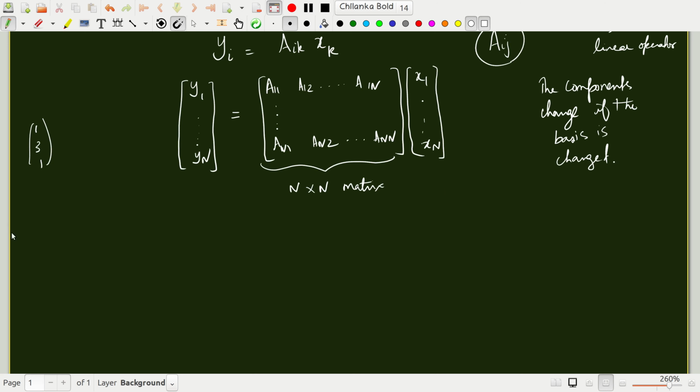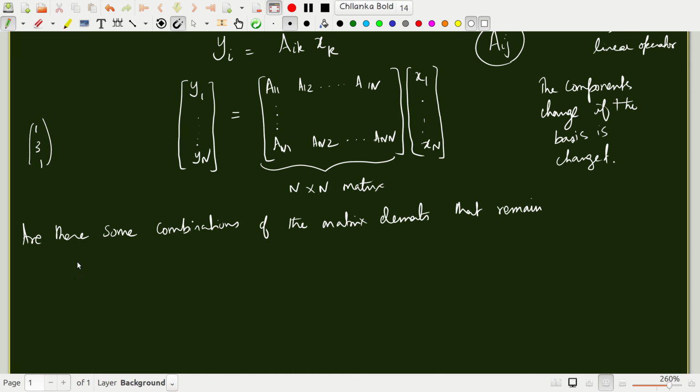Now you can ask the question, are there some combinations of the matrix elements that remain unchanged, or in mathematics people use the word invariant, under coordinate transformation?